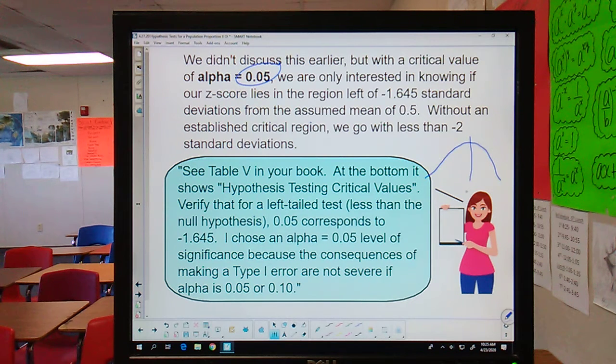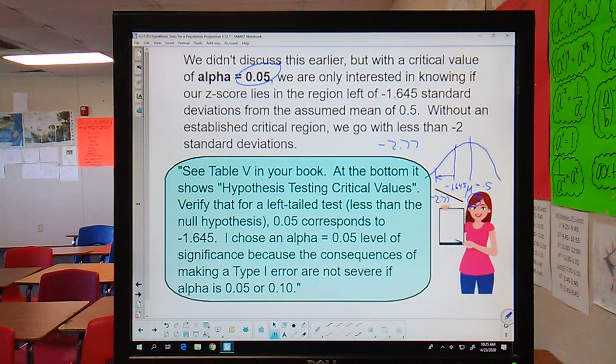Here's your mean. If your mean is 0.5, and if I convert it to a mean of 0, that's what the z-score does, where would negative 1.65 be? Negative 1.645 right there approximately. Now negative 2.77 is obviously to the left of that. So that's what we're saying.